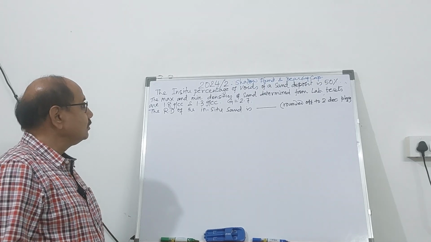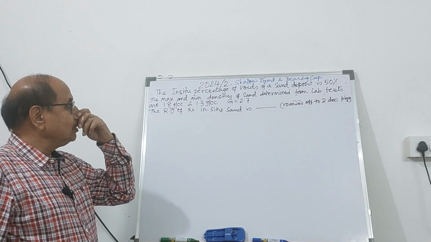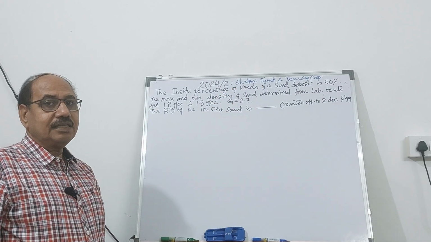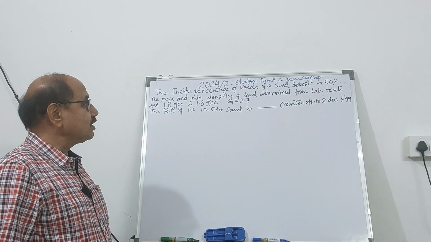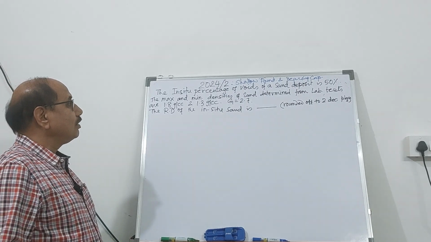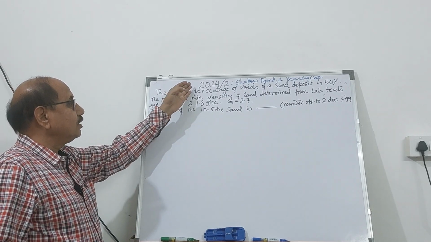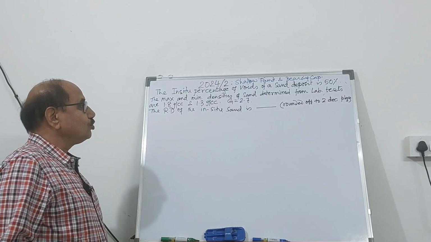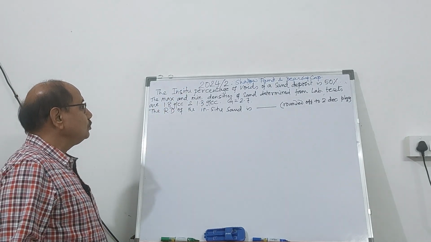Hello everyone. Today we are going to start on shallow foundation and it is related to bearing capacity. So one of the problem that we can solve, that is 2024 set 2.